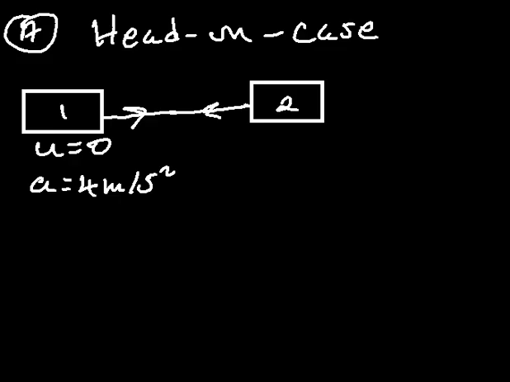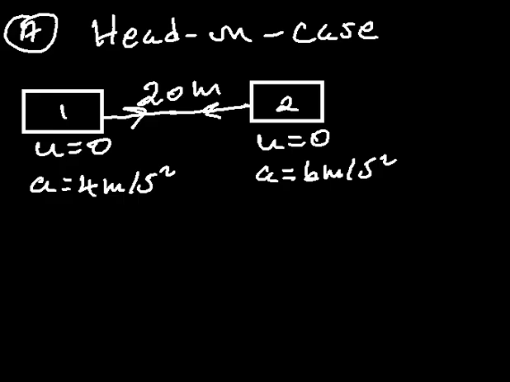Let's say object 2 also has an initial velocity of 0, and it is moving at a constant acceleration of, let's say, 6 meters per second squared. And let's say the two objects are far away from each other, about 20 meters.